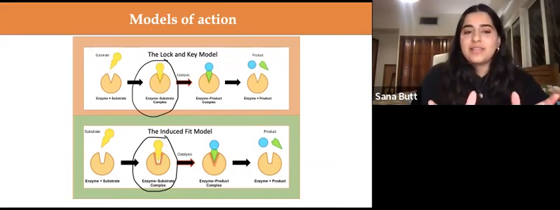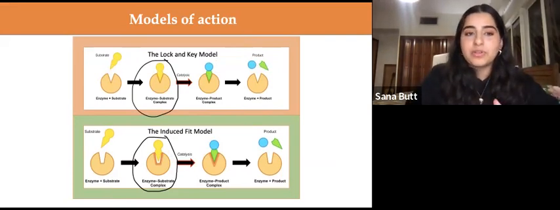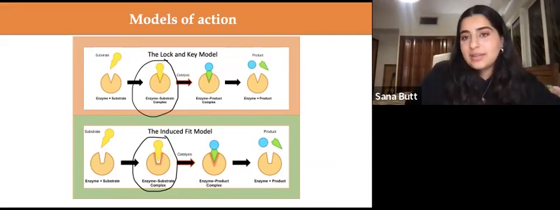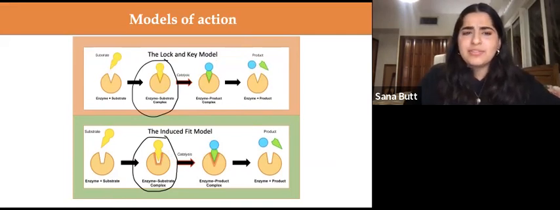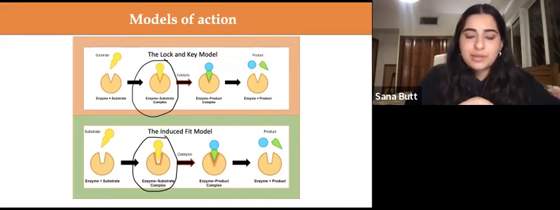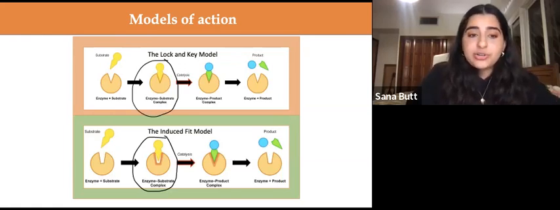The enzyme conforms to the shape of the substrate more than just being super rigid. And it makes sense, right? Because I don't think every single substrate would have a perfectly rigid structure. Some might be a little bit altered or deranged, and that explains why enzymes can still work to create reactions between all types of substrates.